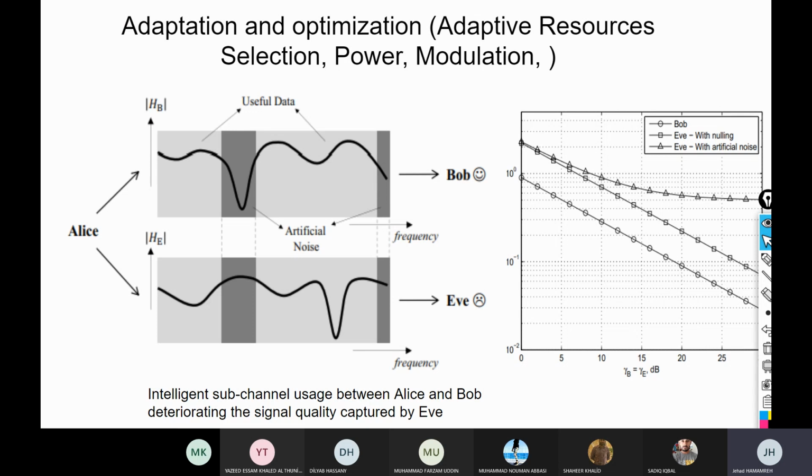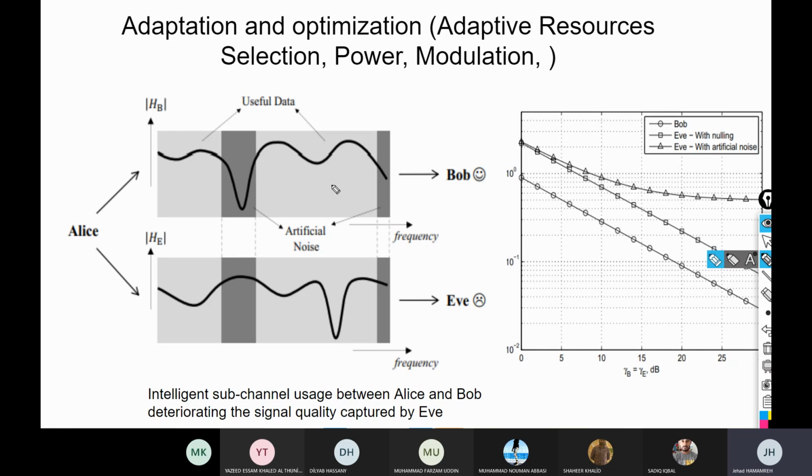Let me give you an example of subcarrier allocation. Let's say we have two users, Bob and Eve, each experiencing a different channel response due to having different locations. This is the channel response of Bob, and this is the channel response of Eve. As you can see, their channels are different.